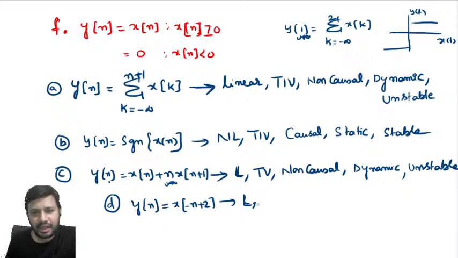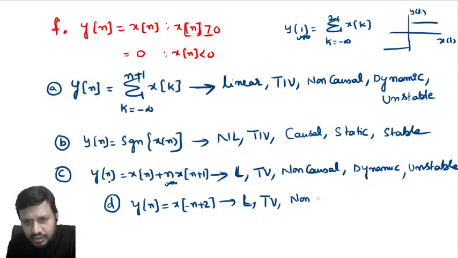Time variant or time invariant? Tell me, for x of minus n plus 2. Always remember, whenever reversal comes, it is time variant only. Causal or non-causal? Non-causal, since reversal came. Static or dynamic? Dynamic.